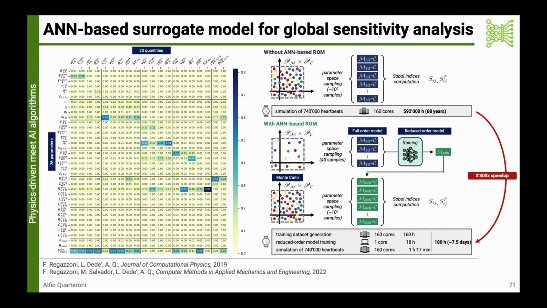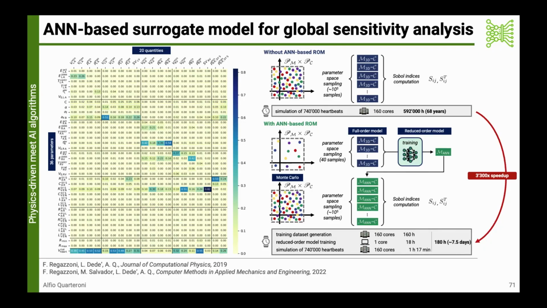And on the columns, you see 20 quantities that you would like to provide to doctors, right? And you want to see which are the parameters that are most influential for every single quantity. So we are using, as you see, an artificial neural network and the Monte Carlo method. We have a sampling of the parameters and use the Monte Carlo method to solve this.